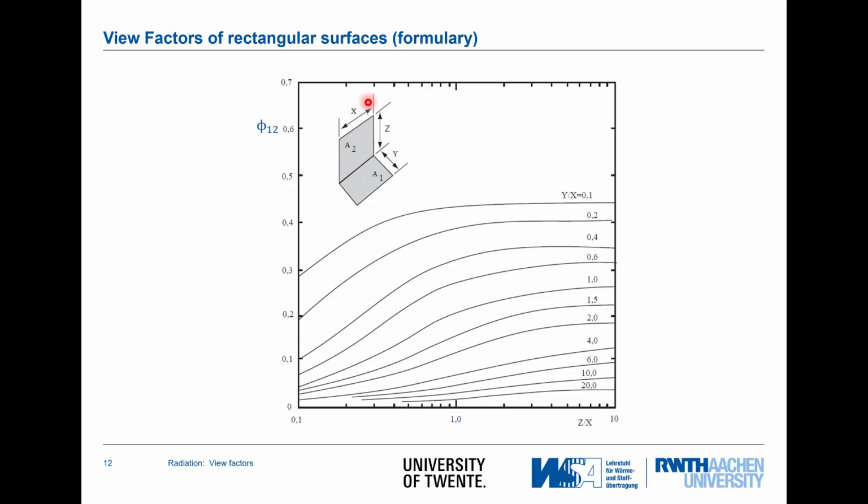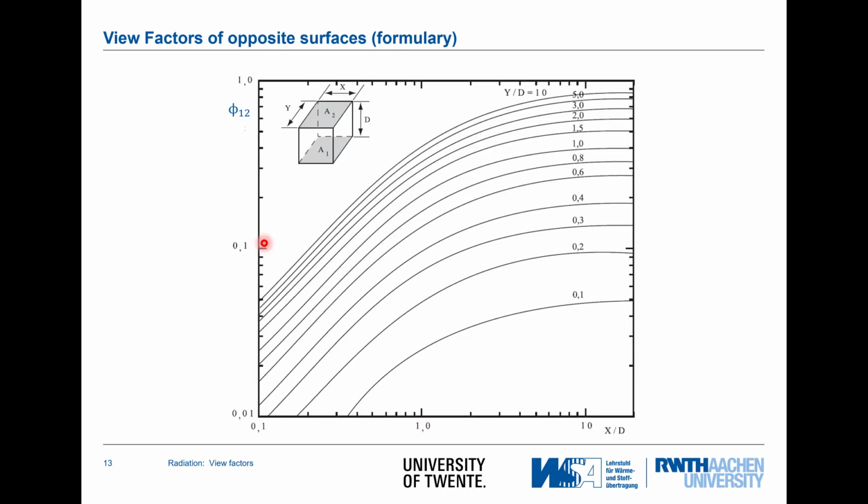However, if I would increase the surface of A2, means if I increase z, then I see that the view factors are getting larger in this direction. So that's how you can interpret that. And another diagram is, for example, this is now the shoebox, and it's the bottom and the ceiling. And of course, if D was very small, almost all radiation from A1 would reach A2.